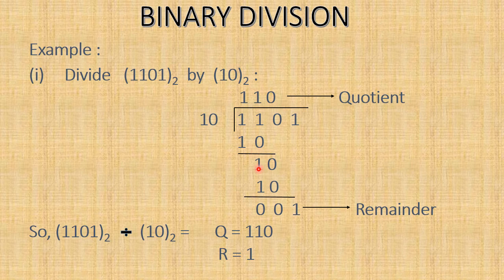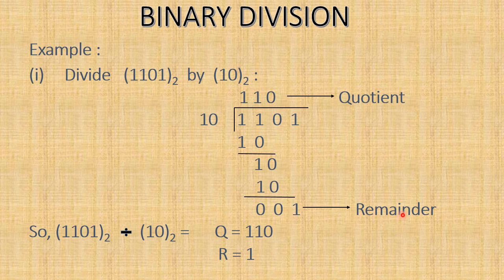So we will write 1101, then the division sign, and then 10. First we will divide 11 by 10. So it will go one time, 1 times 10 is 10, 11 minus 10. So the remainder is 1.